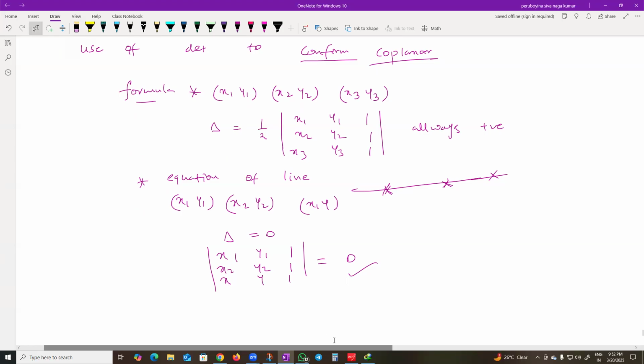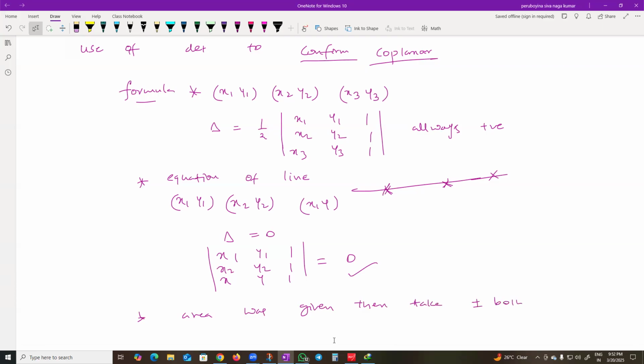And remember, sometimes area will be given to you. When area is given to you, then in that case take plus or minus both values to do the calculation. Remember this point also.